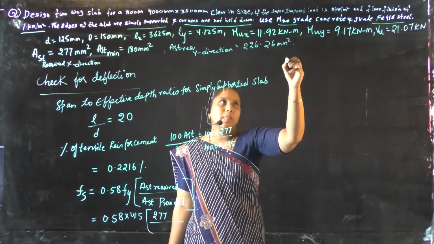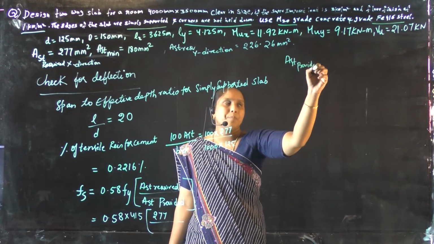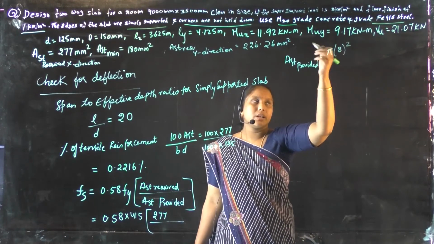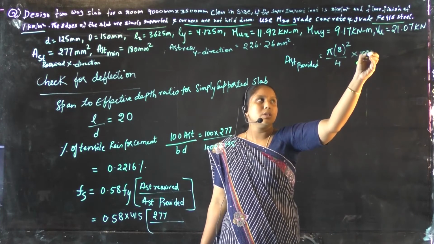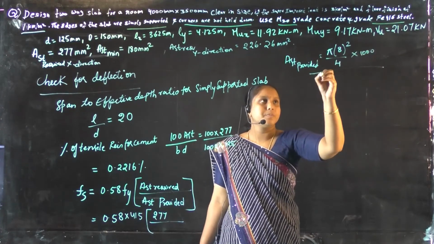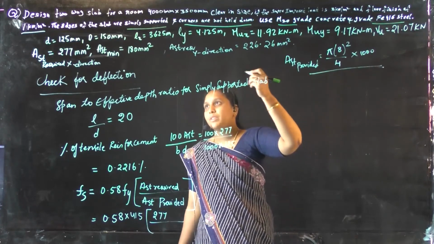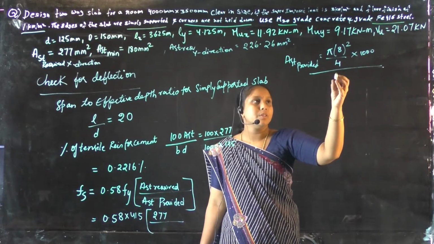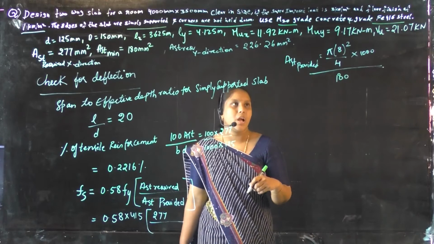The Ast provided is pi d square by 4, where 8 mm is the diameter we have provided, into 1000 divided by the spacing. The spacing we have provided is 180 mm.